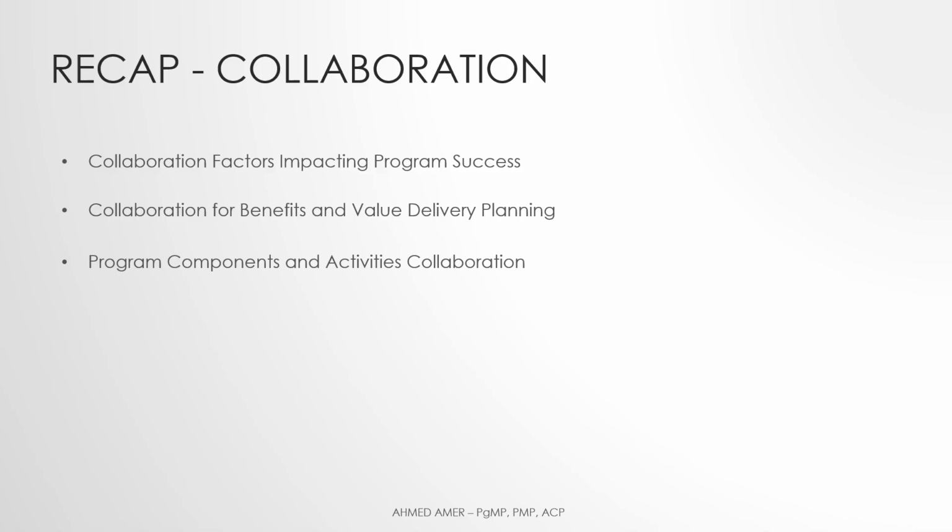As the PgMP exam handbook is not updated yet by the PMI, I'm not sure how many questions are intended to cover this performance domain in the PgMP exam. Please pay an extra attention to this domain during your studies and do not hesitate to reach out if you have any questions or comments.